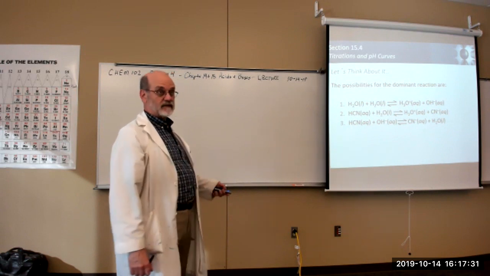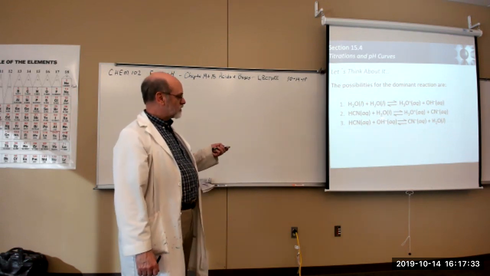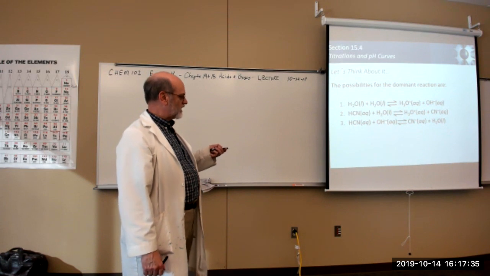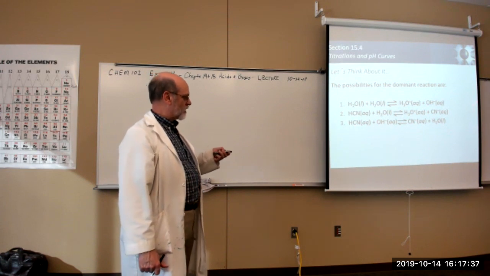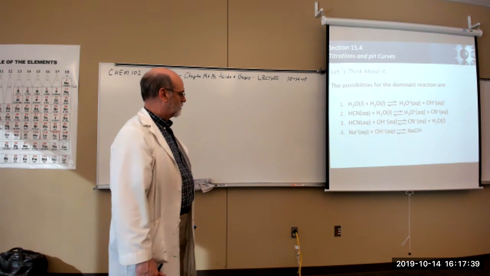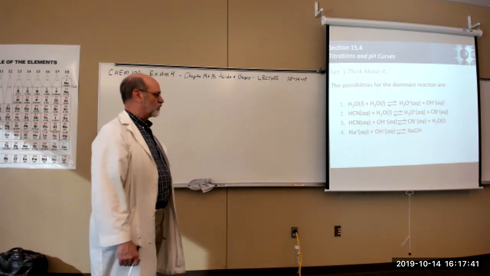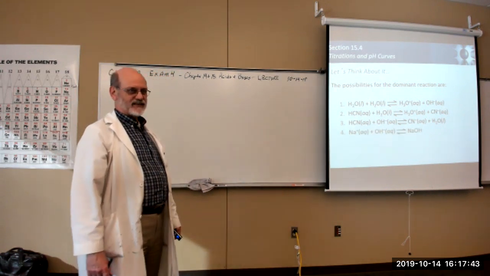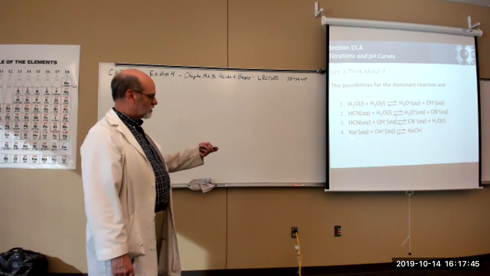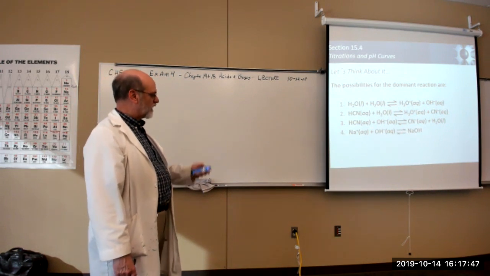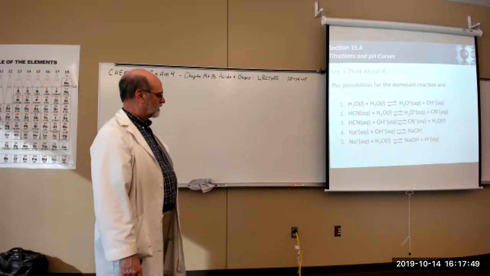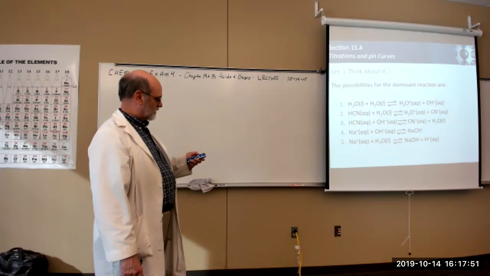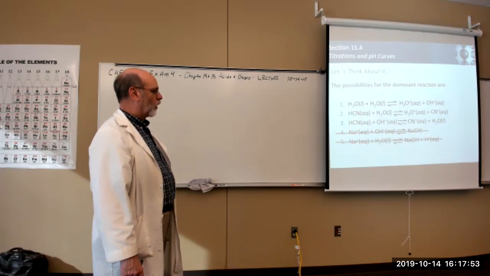That's a possibility, right? Because OH minus is an extremely strong base. It could strip that hydrogen off of there. This one, no. Actually, it goes over here exclusively. So that one is not going to happen. And this one is not going to happen. So 4 and 5 go out quickly.